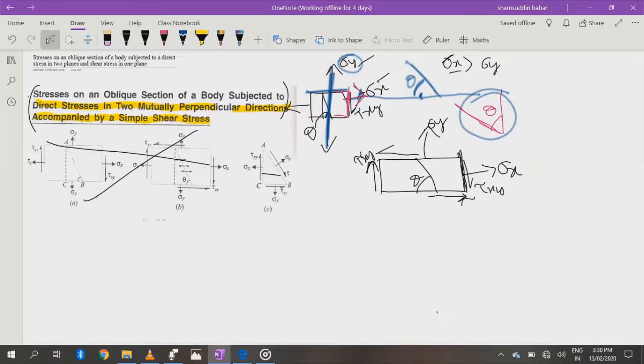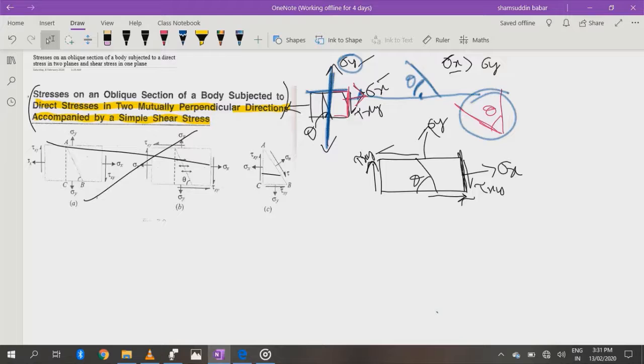Okay, now coming towards, this is how I made a figure. Now I will derive a formula for my major principal stresses.